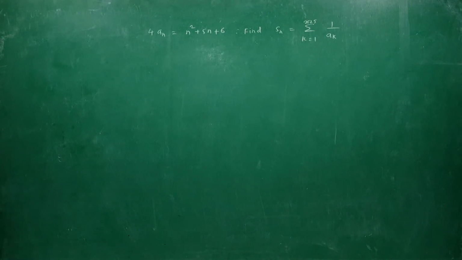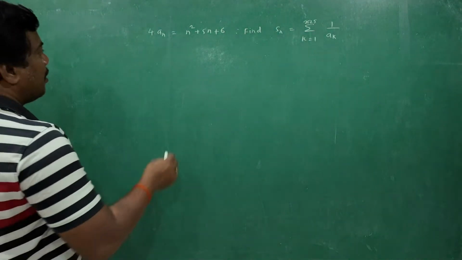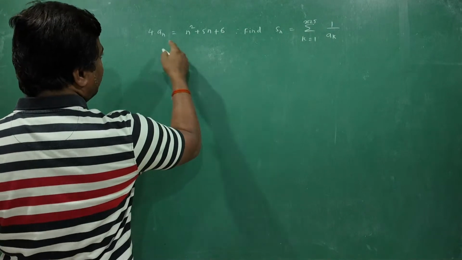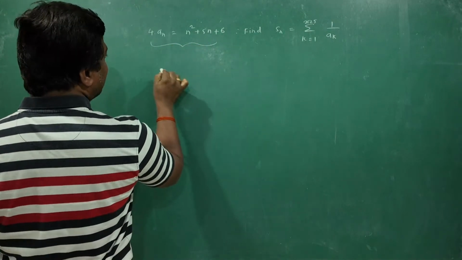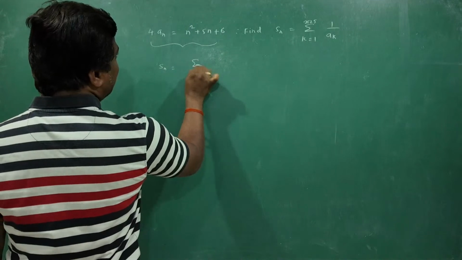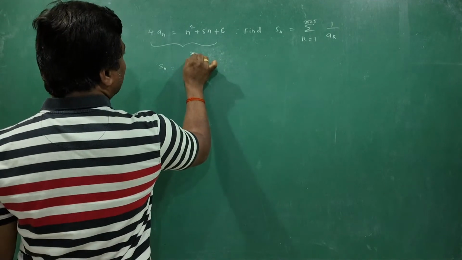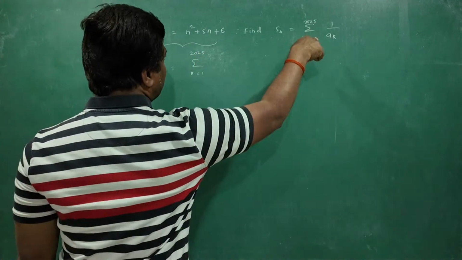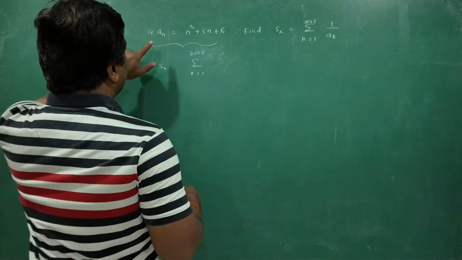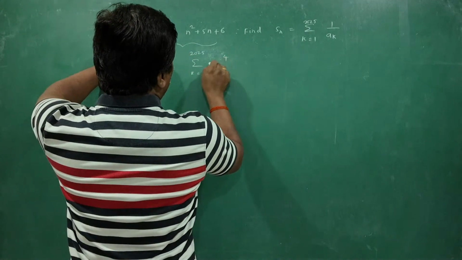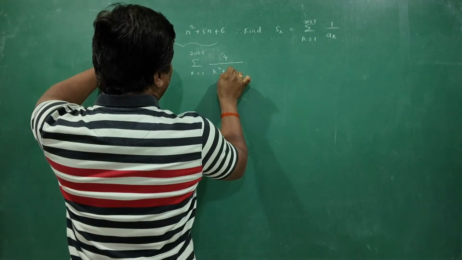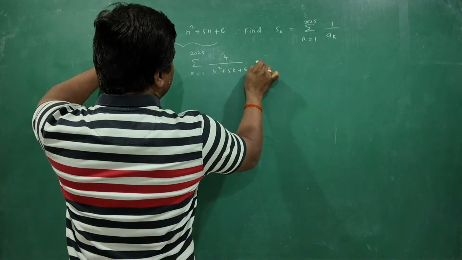Yes. From this I can write the value of S_n: summation k from 1 to 2025, reciprocal of a_k. Reciprocal of a_k is 4 divided by k square plus 5k plus 6.